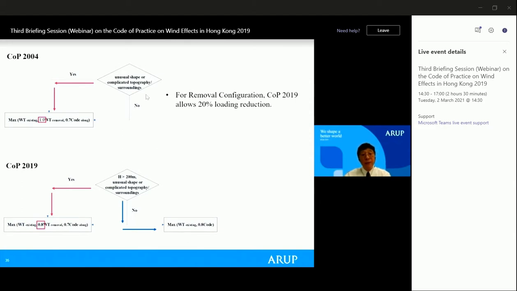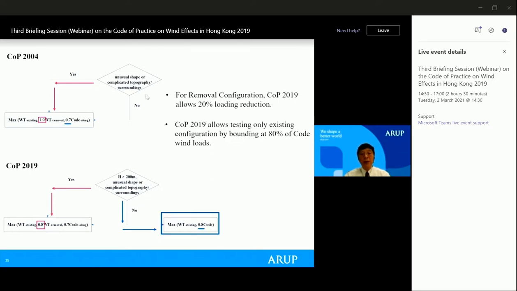Then you take the envelope of the free configuration. However, it also allows you not to carry out the removal case. You can just simply do the existing case and then compare with the wind code.